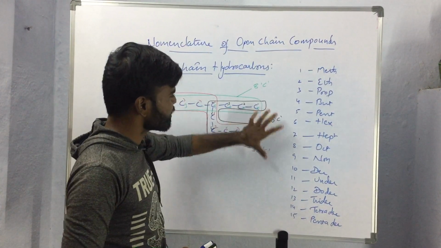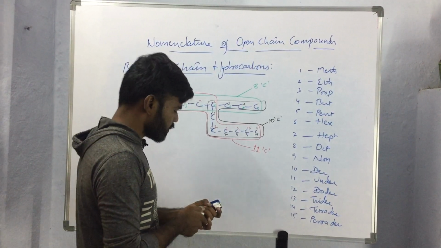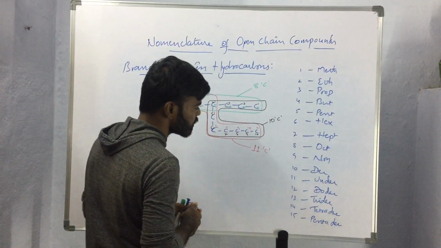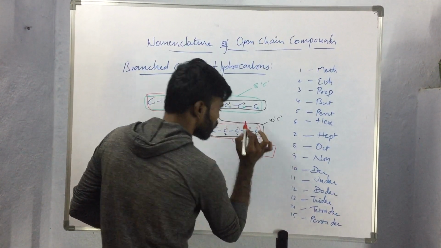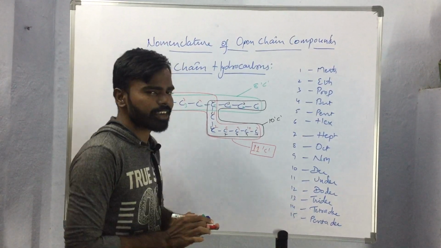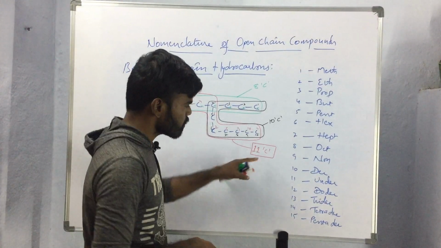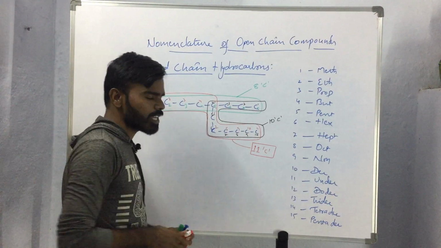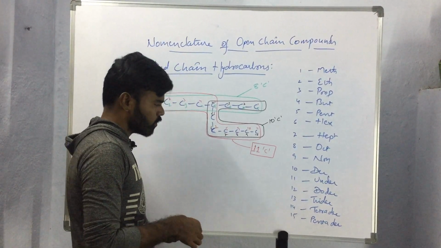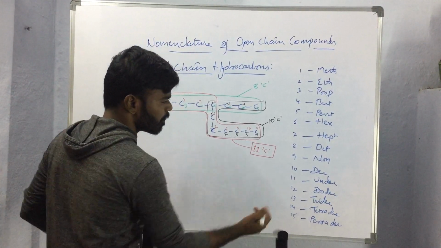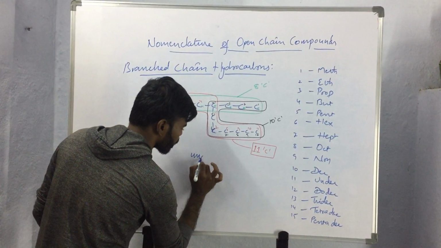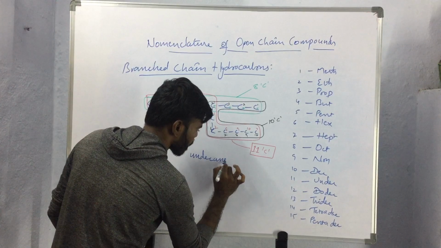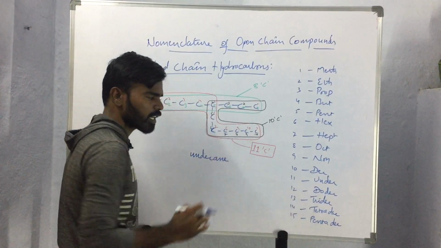So among these 3 chains, the chain that contains 11 carbon atoms will be the longest continuous chain. So this chain will be considered as the parent chain. The name of the parent chain will be undecane, as it is having 11 carbon atoms.